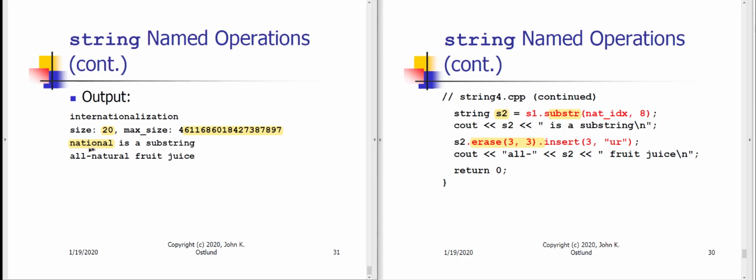So the effect is that we're going to remove ION first, then we're going to insert UR in place of ION effectively, and our result is that S2 is going to contain natural now instead of national as it did originally. Notice that I can specify a sequence of member function calls on this object S2 in a single statement.